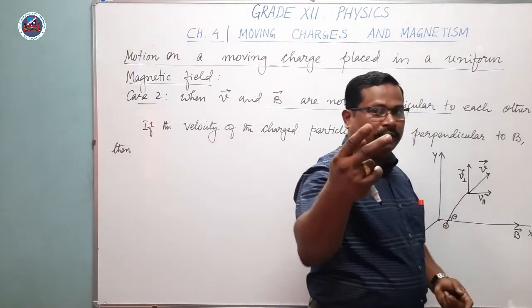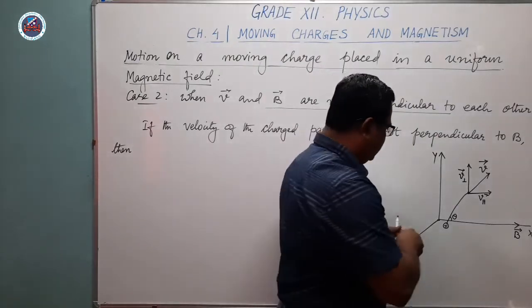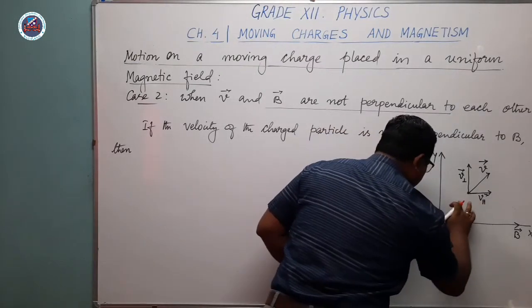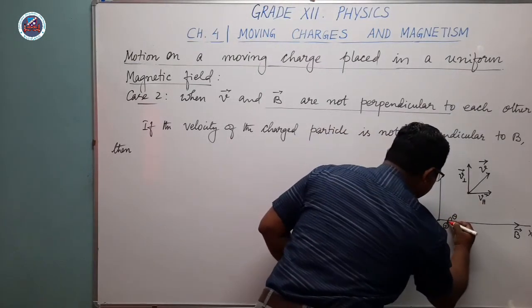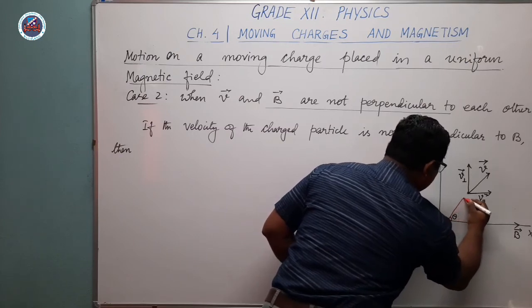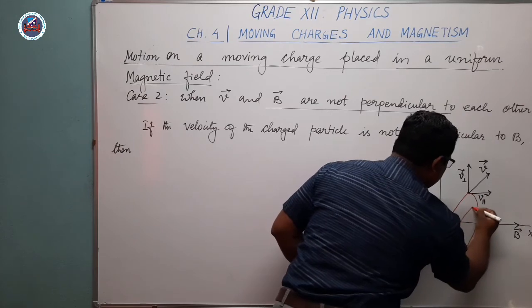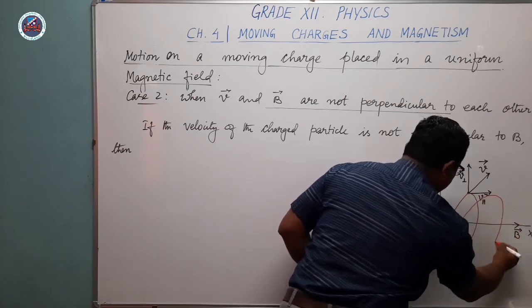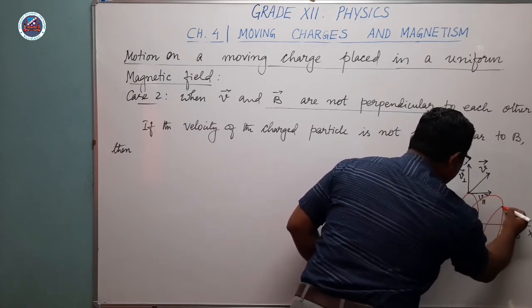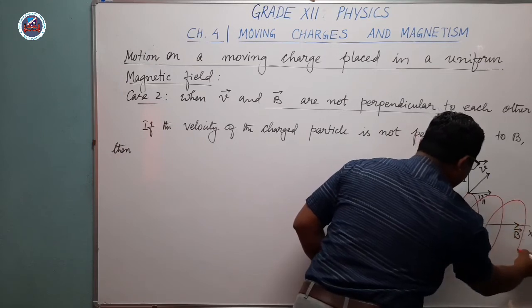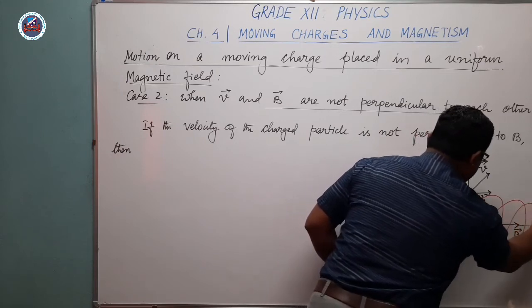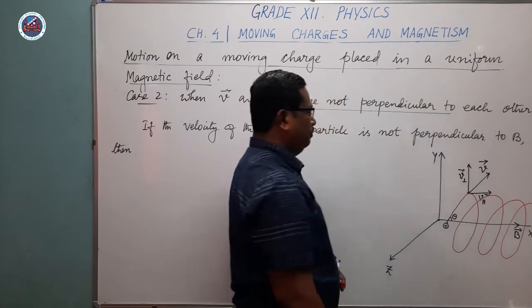So two velocities combined together, the path of the charge will be a circular motion like this, but not in the same place like before. It will form a helix and move ahead like this. It will form a spiral path.